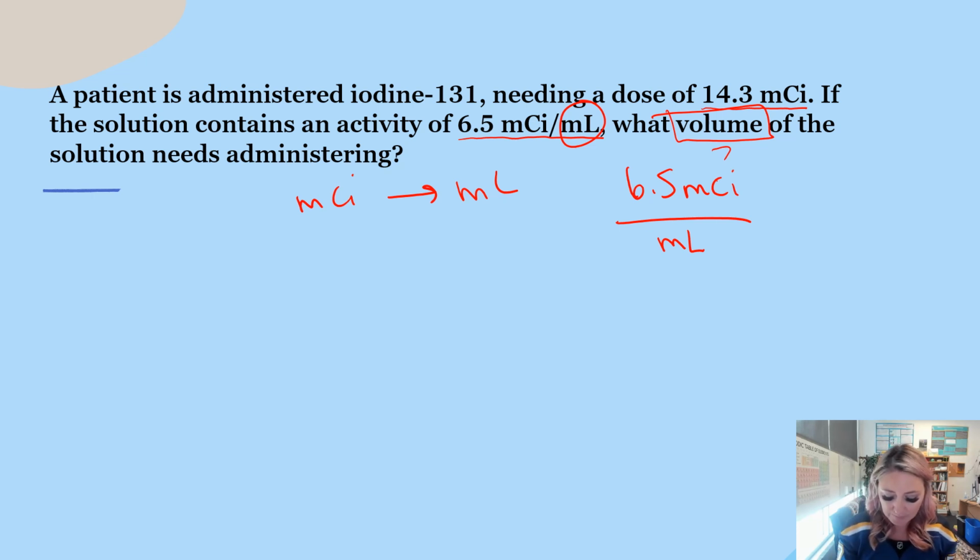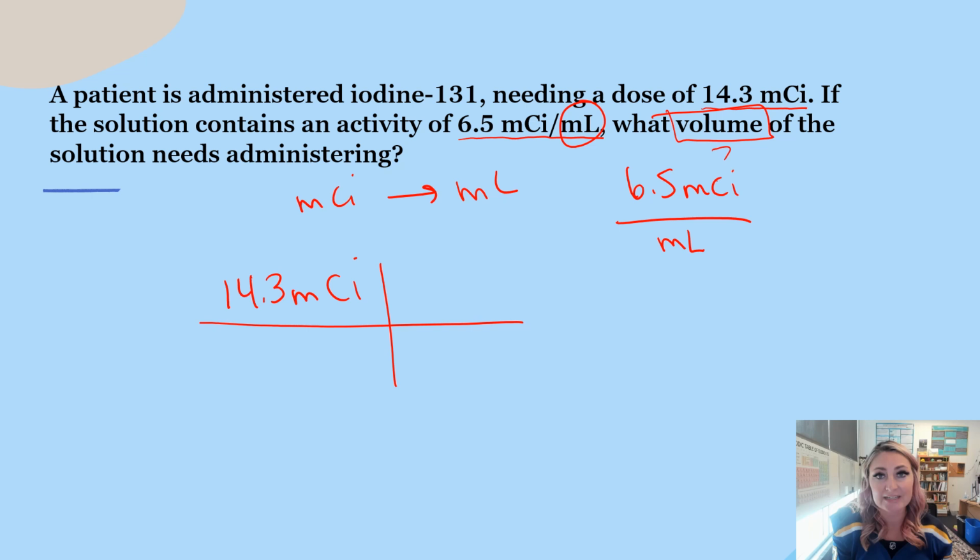So setting up our T-chart, 14.3 millicurie, and the conversion to get from millicuries to cancel millicuries and get to milliliters is the dosage. Now keep in mind, when we are figuring out significant figures, this is a dose, this is a medication, this is a measured amount.